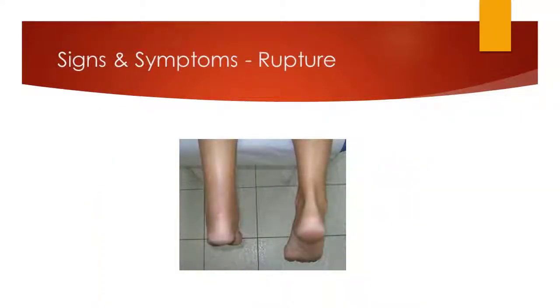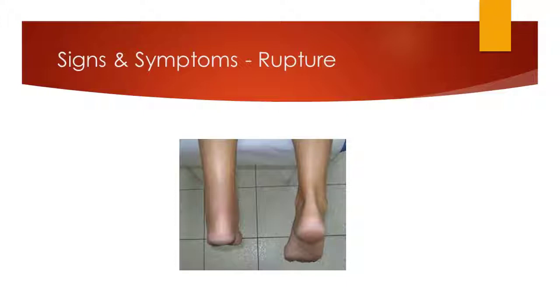Signs and symptoms of a rupture. Well, initially you might see a small hole defect in the tendon if it's not a complete rupture, but progressively you will see edema with hemorrhaging that obscures direct palpation of the tendon. The edema is going to move into the ankle and foot. The person may say that they had a history of transient sharp pain in the area.